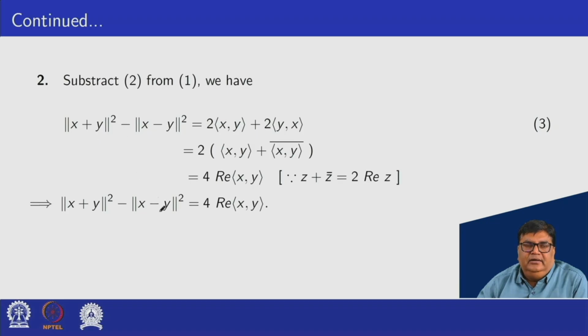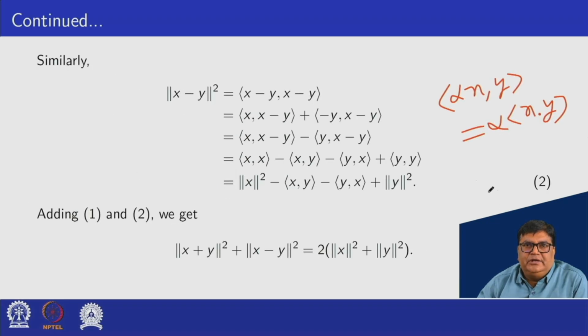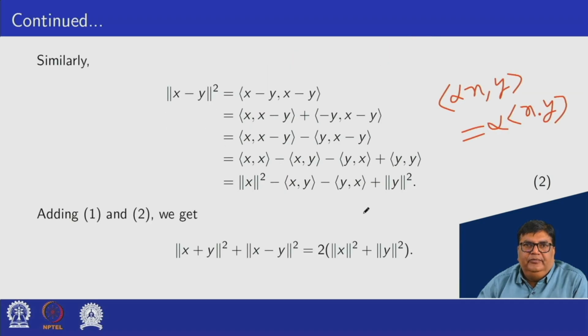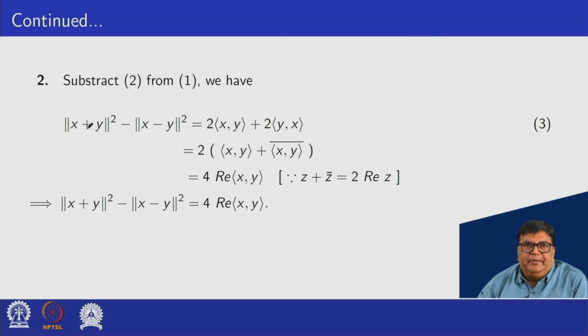To prove the second, we subtract equation 2 from 1. We have the square of norm(x + y) minus the square of norm(x − y) equal to 2 inner product of x, y plus 2 inner product of y, x. So the inner product of y, x can be written as the complex conjugate of the inner product of x, y. Okay? By the second property of inner product.